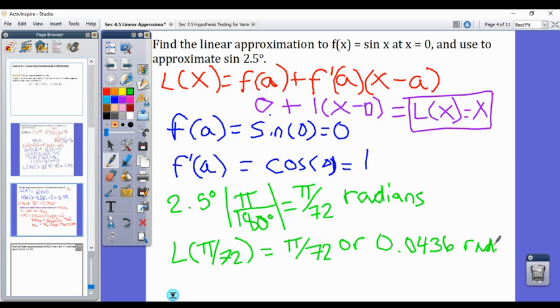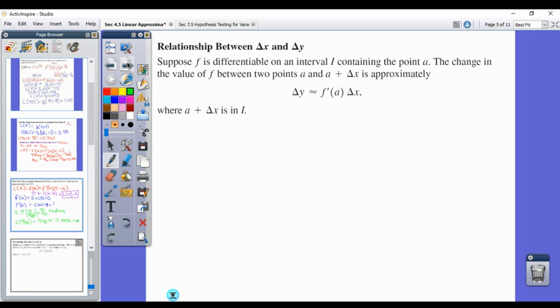Okay, let's learn another rule. In this case, we are going to talk about the relationship between the change in x and the change in y. Okay, so this triangle means delta, which refers to change.